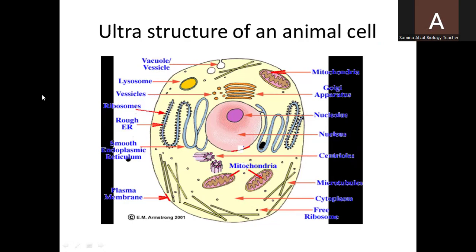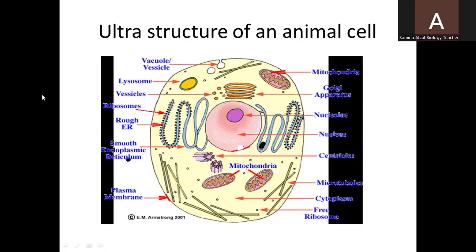The ultrastructure of a cell is the detailed microscopic structure of a cell and its components, particularly those which are visible under the electron microscope. It helps us to show the arrangement of the different organelles, membranes, and molecular complexes within the cell.